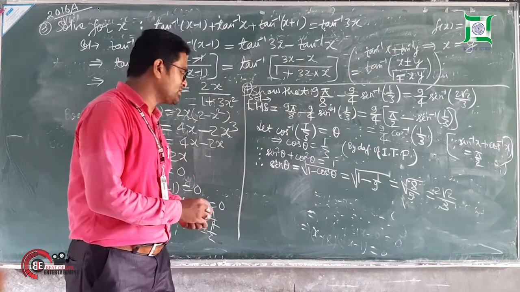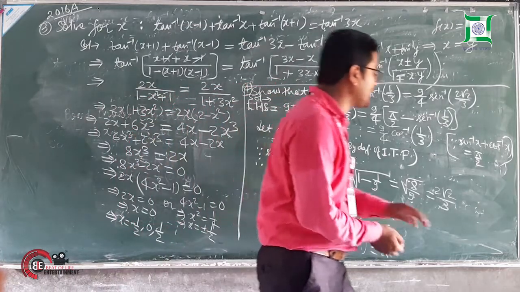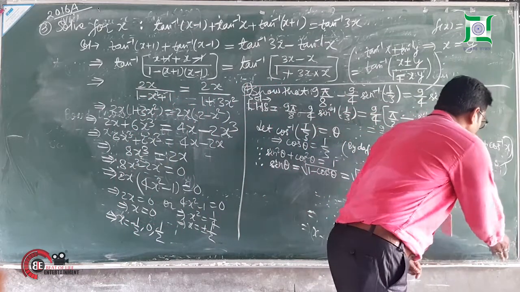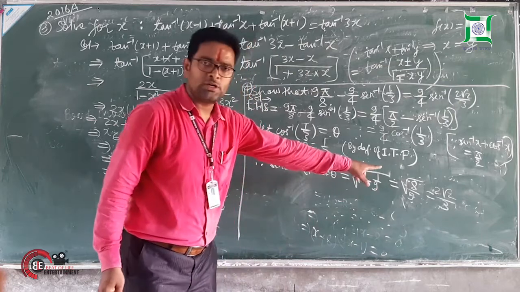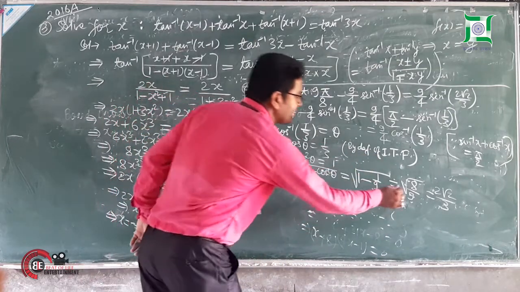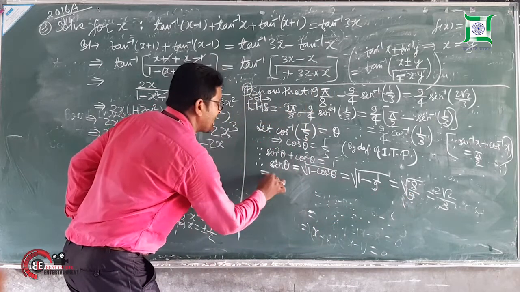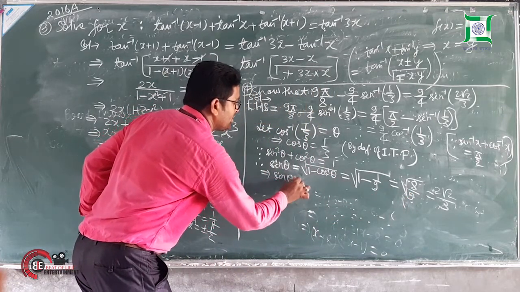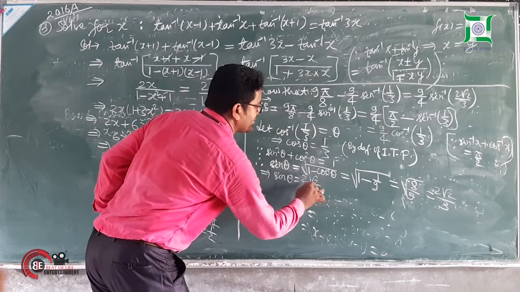See, I have changed it to 2 root 2 by 3. Why? Because the square root of 8 is 2 root 2 and root 9 is 3. Now see, sin theta you have got as 2 root 2 by 3.